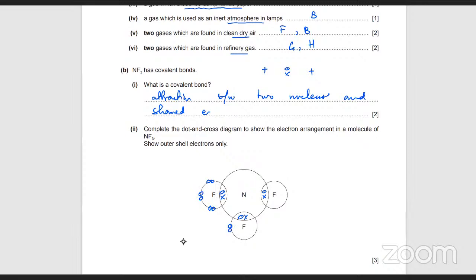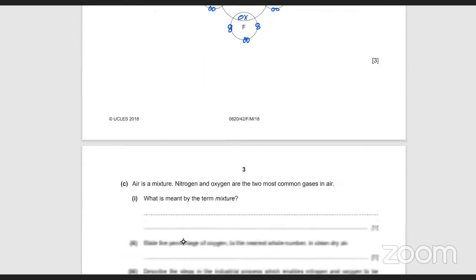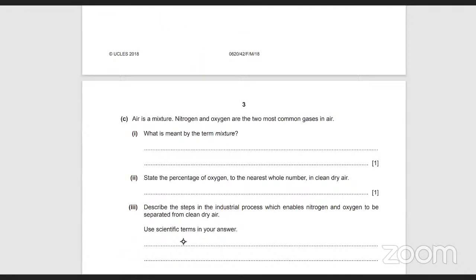Same thing over here, 6 electrons are left. And N is in group 5, so it shares 3, so there are 2 electrons left, okay? Out of 5.